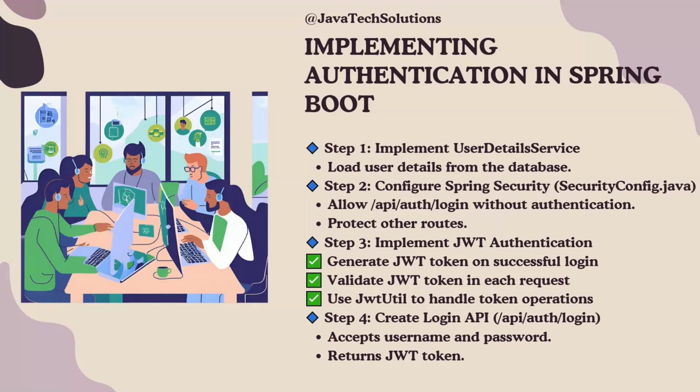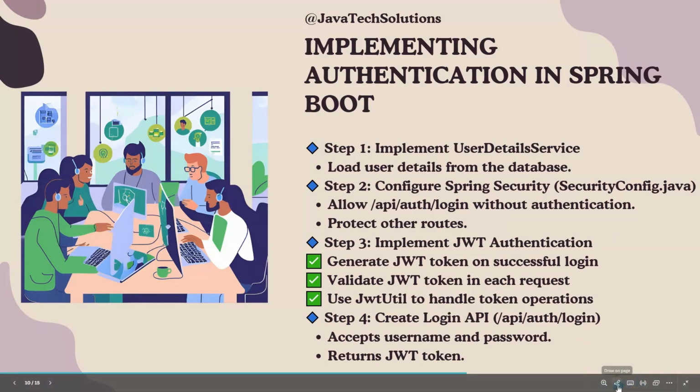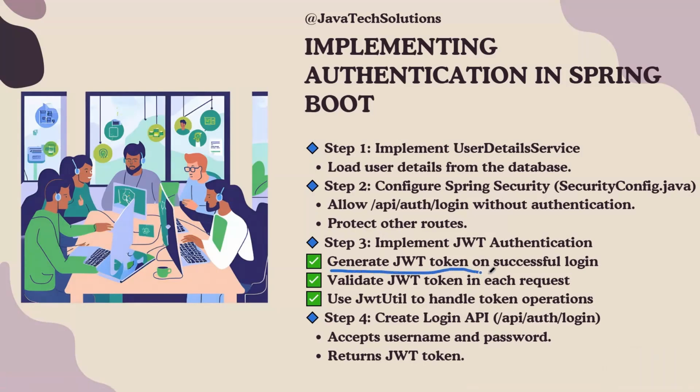Here it will generate the JWT token on successful login, right? Once the login is successful, we generate this JWT token and return it in the login response. After that, when any other API comes with this JWT token, for each request we need to validate whether it's a valid token, or expired, or invalid.